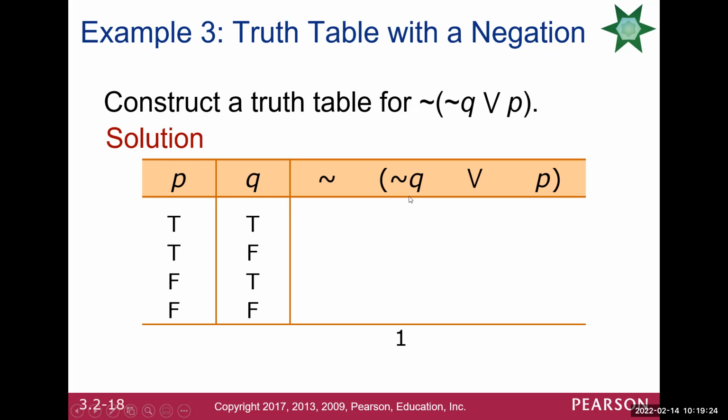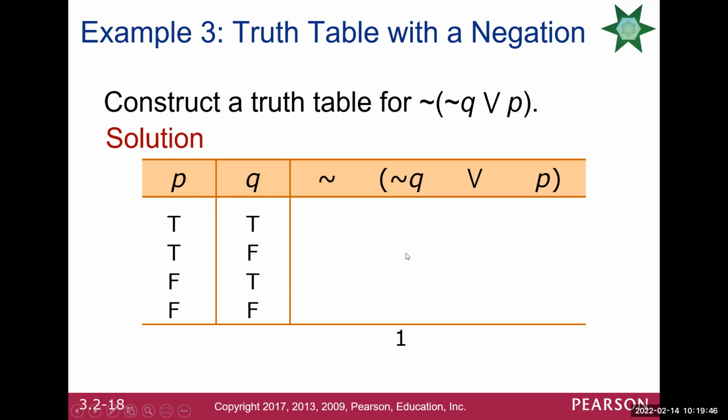So obviously pay better attention than I just did, because I just messed up and I don't want you to do that. We are not negating the P statement. We are negating the Q statement. So let's reverse just a little bit. My Q statements, all of the different cases, are true, false, true, false.